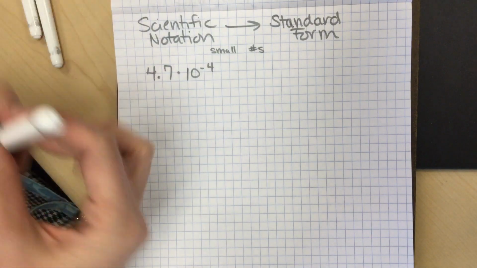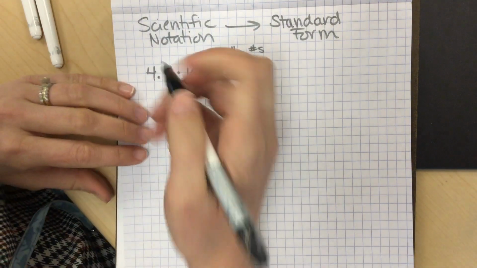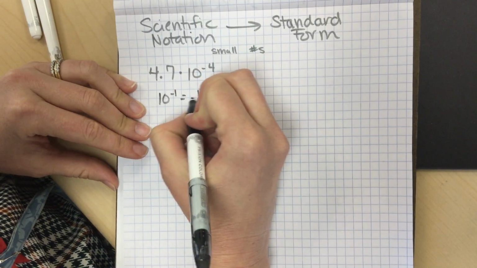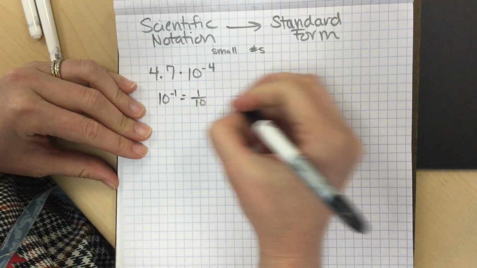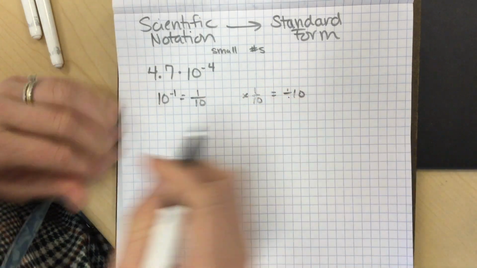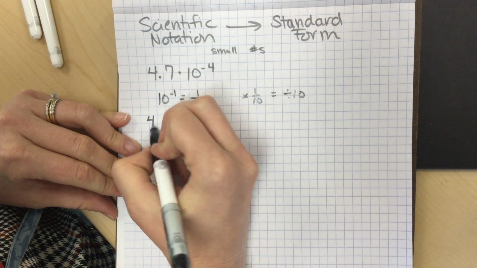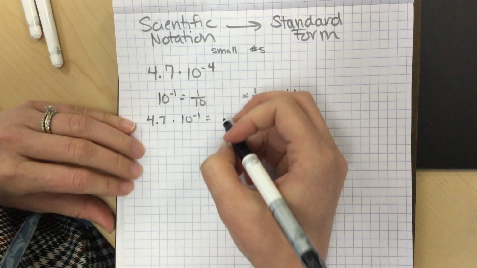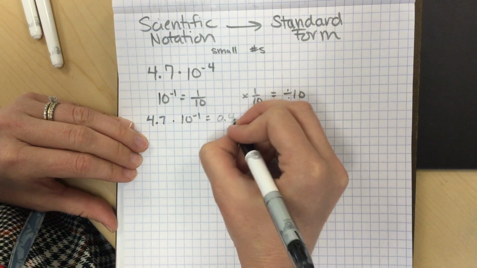So for example, we said in the last video that 10 to the negative 1 was the same as 1/10, which multiplying by 1/10 is the same as dividing by 10. So if we take the number 4.7 and we multiply it times 10 to the negative 1, we get 0.47.